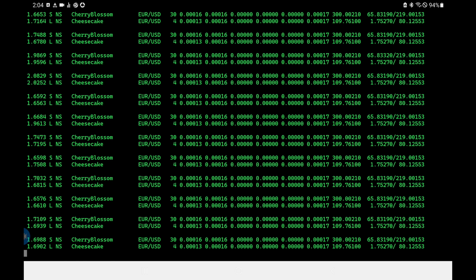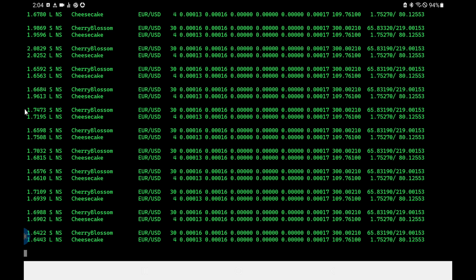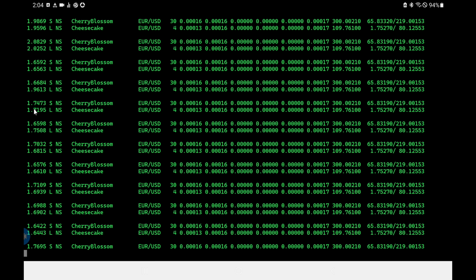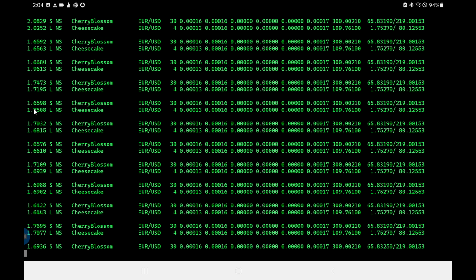Because the round trip here, as you can see by the numbers on the far left-hand side of the screen, you're looking at about 3 to 5 seconds complete rotation.